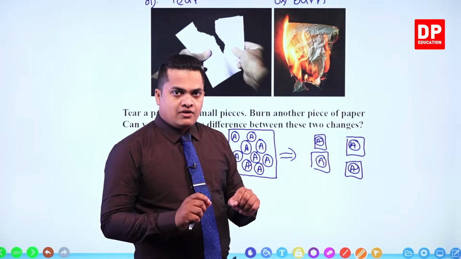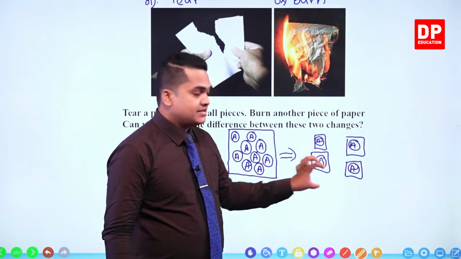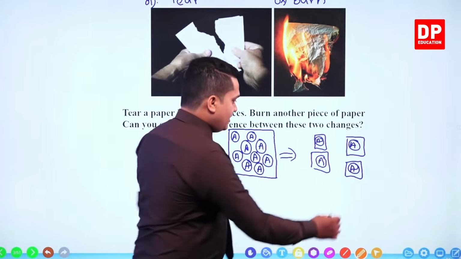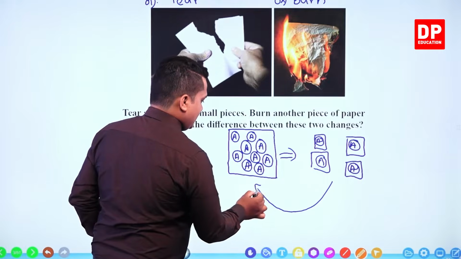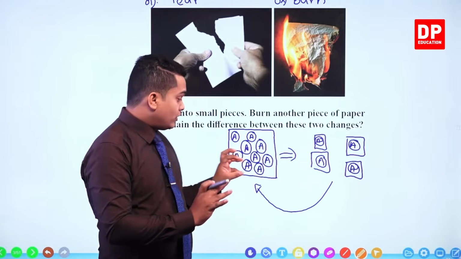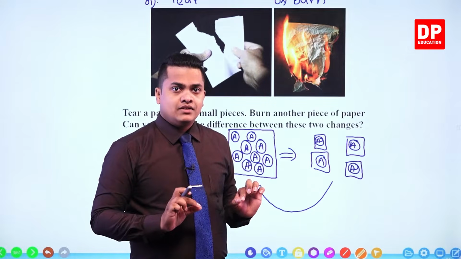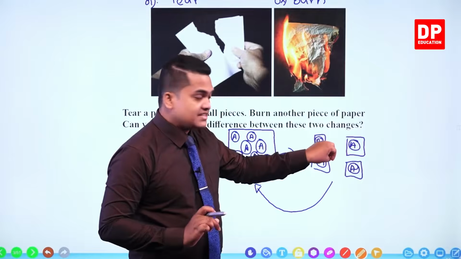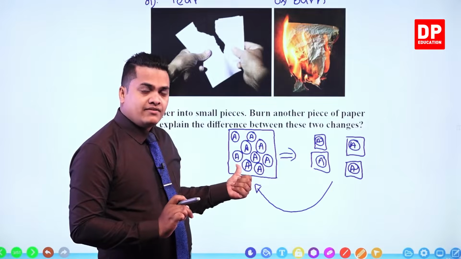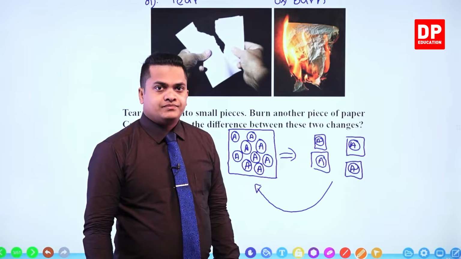If you carefully paste each of these smaller pieces, we can't make it 100% accurate, but up to a certain extent we can fix these things together to create the previous, larger piece of paper.